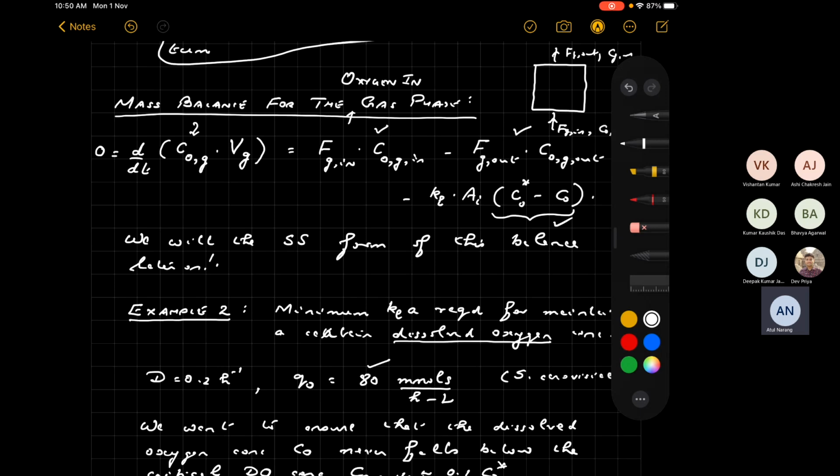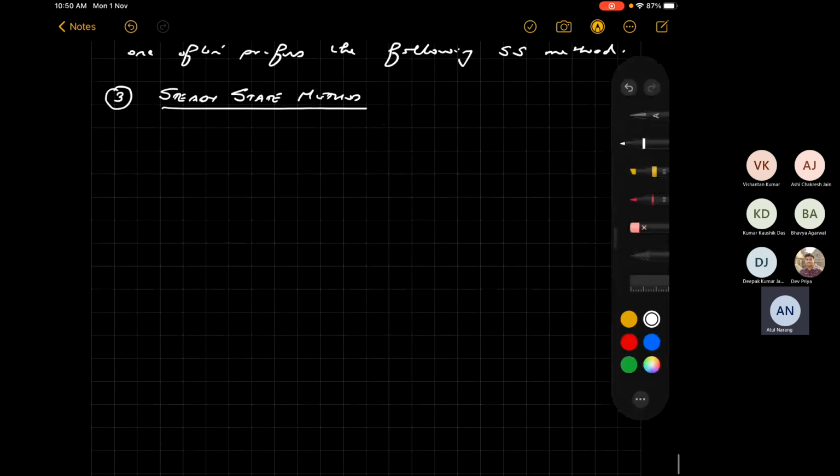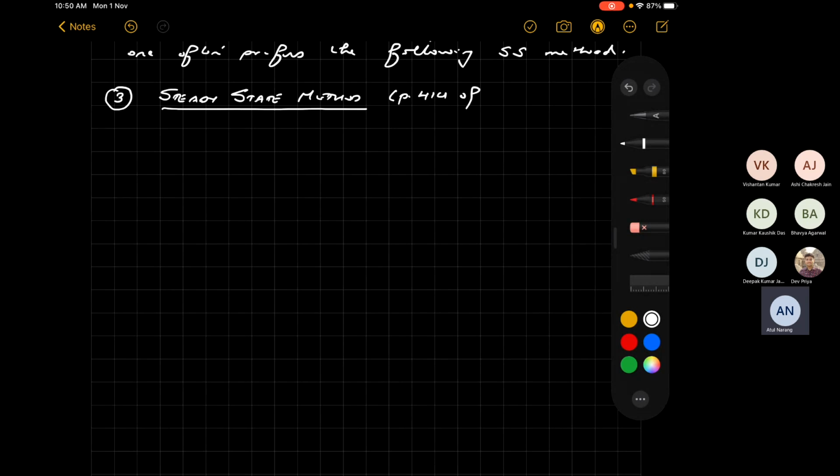That is the principle, and this is covered actually in Doran right at the beginning of section 10.10 on page 414. So basically, this is on page 414 of Doran.